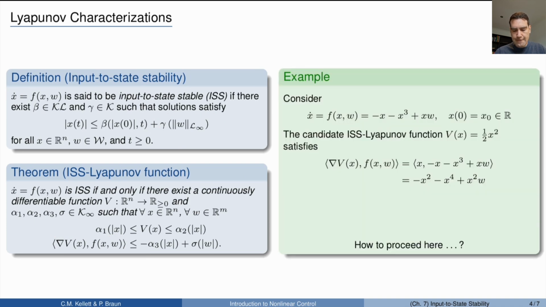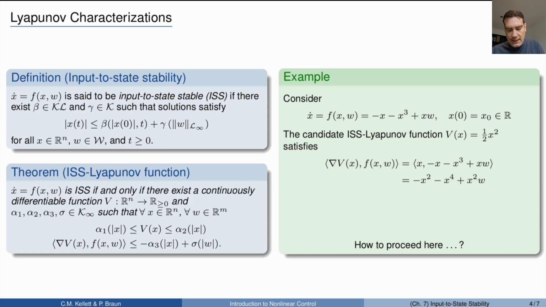Okay, let's have a look at another example of how ISS Lyapunov functions can be used to show that a system is input to state stable. We just look at a small variation of the system considered on the previous slide.